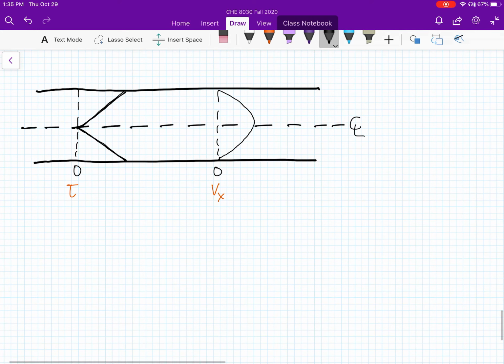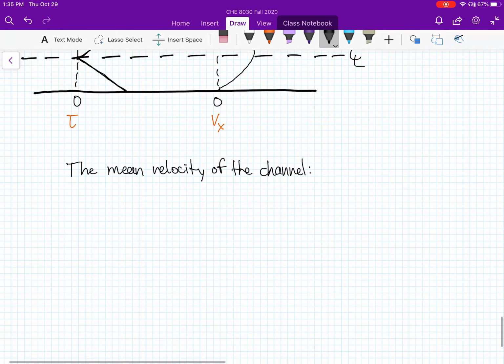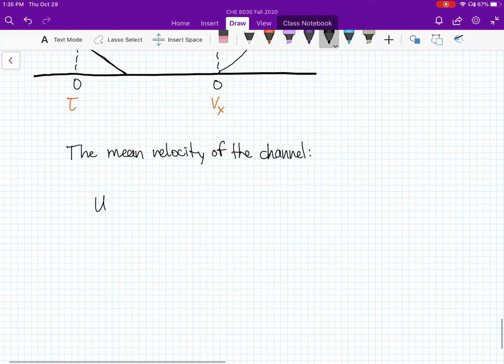If I wanted to calculate the mean velocity of the channel, I could do so using the following equation. So the mean velocity is going to be equal to 1 over h multiplied by the integral from 0 to h of the velocity profile with respect to y.